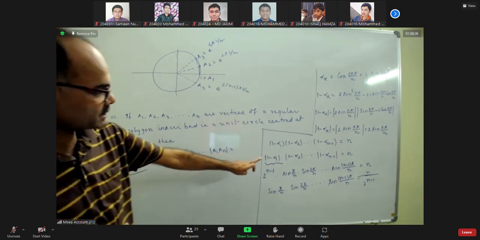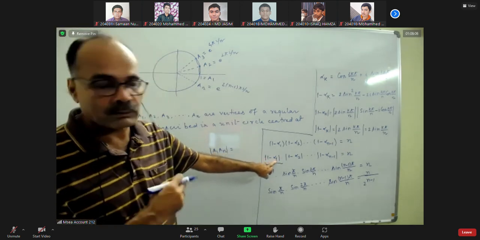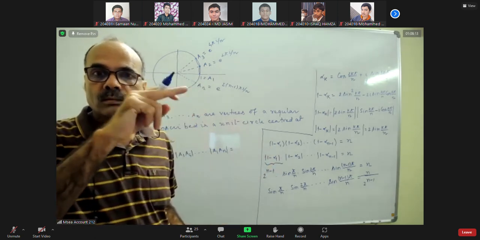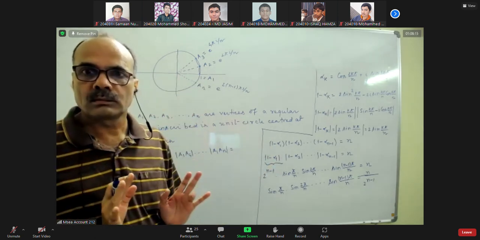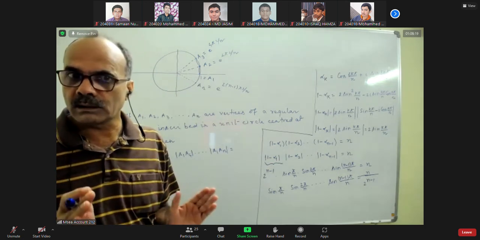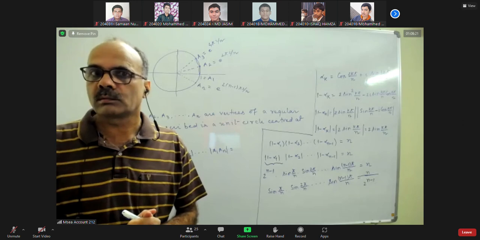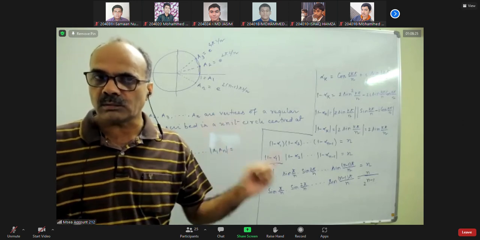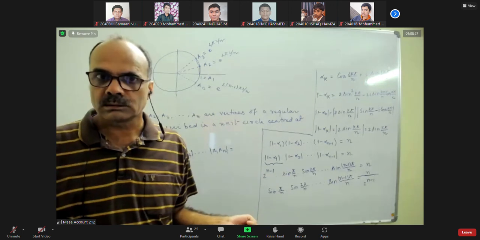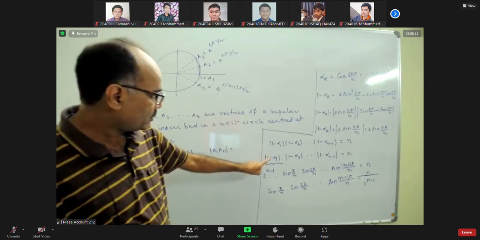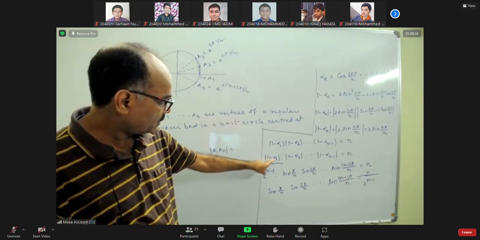This is basically the distance from 1 to the vertex A1. What is the meaning of mode of Z1 minus Z2? Distance from the complex number Z1 to Z2. I told you at the very beginning. So this is A1, this is A2.